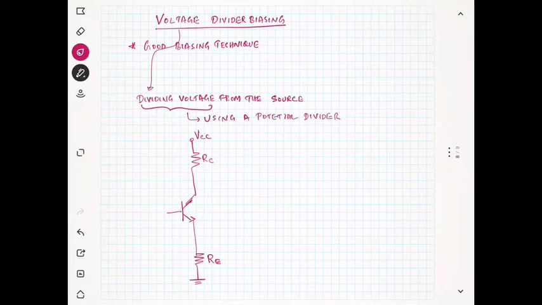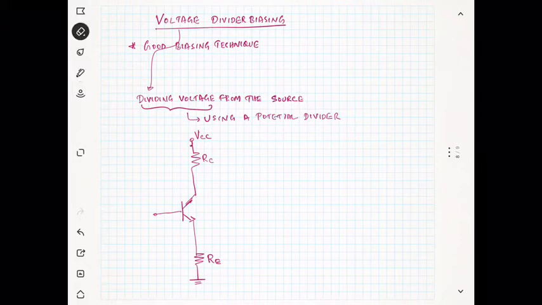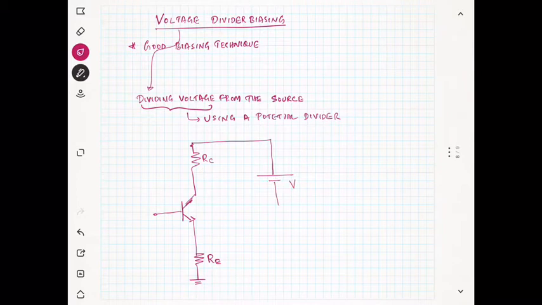Now at the input side, or the base side, we are going to divide our VCC. You can connect this VCC like this also. Everything is the same. So this is VCC.